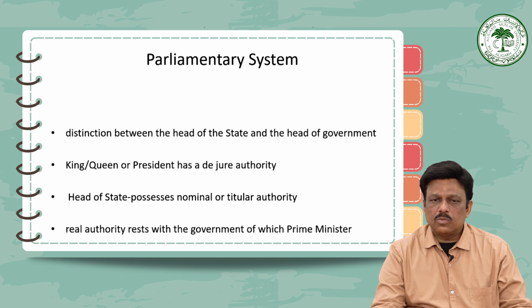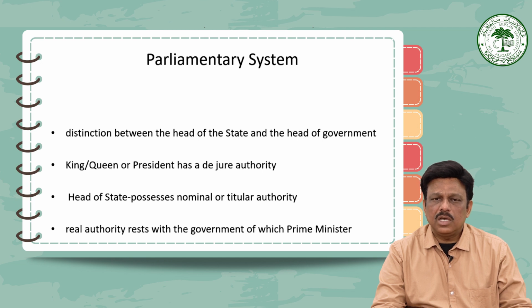The king, queen or president has de jure authority, and no doubt legally he possesses all the powers and privileges which the constitution and laws may confer upon him. But in practice, he exercises none. He is simply the bearer of authority.